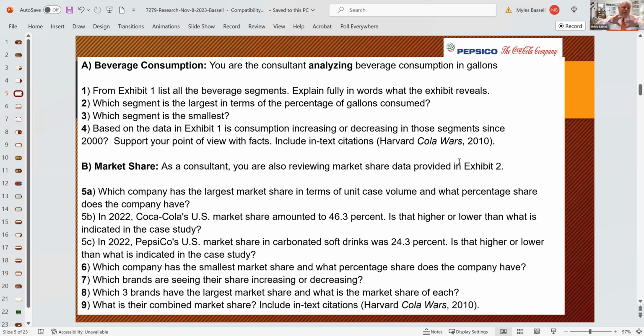And PepsiCo, of course, has Pepsi and Sierra Mist, and they also own other beverage brands, including Tropicana orange juice and Aquafina bottled water. So if we quickly look at the statistics I provided, more than 70% of the market share is coming from these 2 beverage companies. That's a highly concentrated industry.